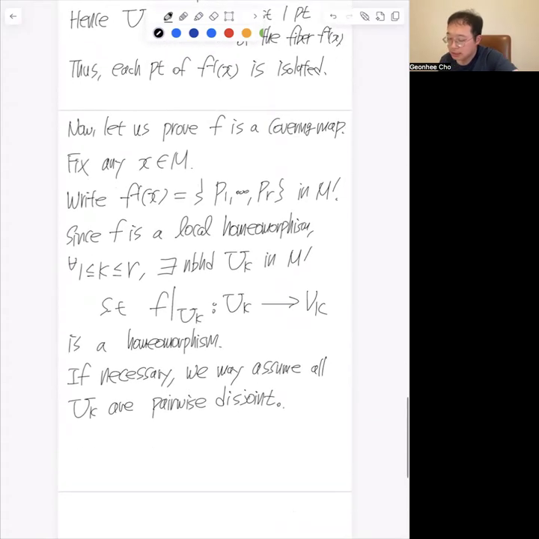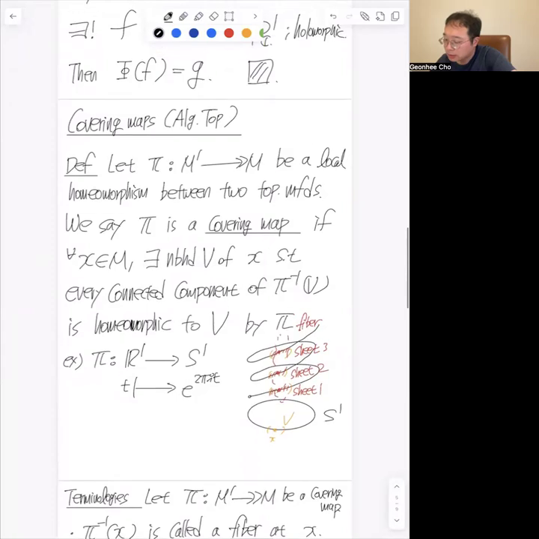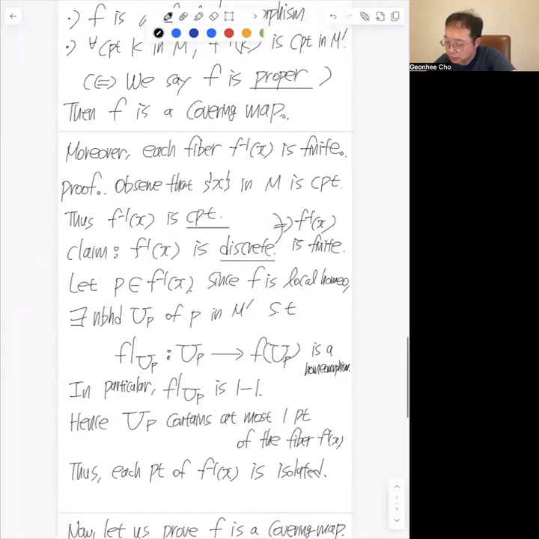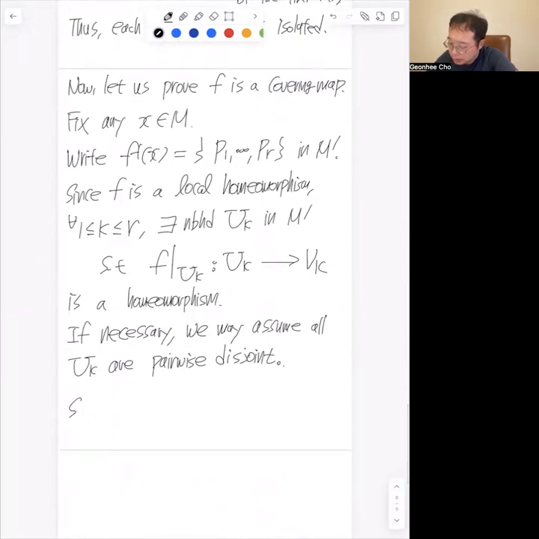From the chosen sets, now let's make the target neighborhood for the covering map. So we need to choose this neighborhood. In order to do so, we will prepare. Let us just set, not the answer yet, V naught. V naught is nothing but the intersection of all those sets, say V sub k.